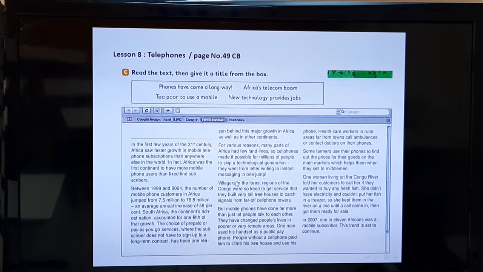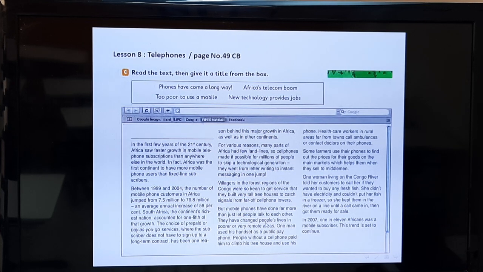Then we have another paragraph. Villagers in the forest regions of the Congo were so keen to get service that they built very tall tree houses to catch signals from far off cell phone towers. But mobile phones have done far more than just let people talk to each other. So these are maybe advantages of phones.